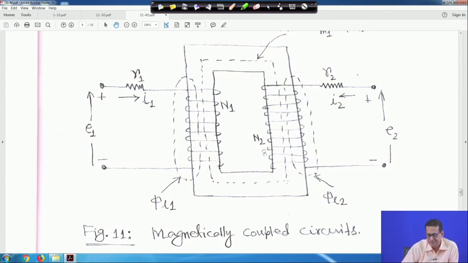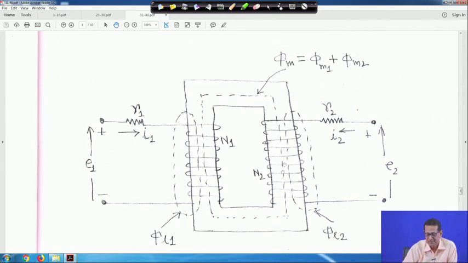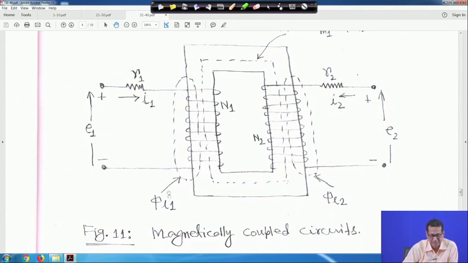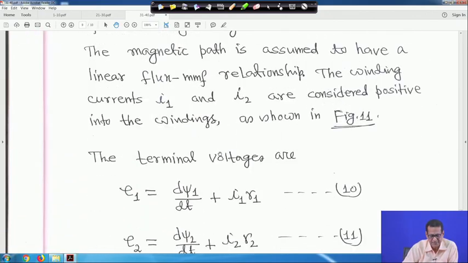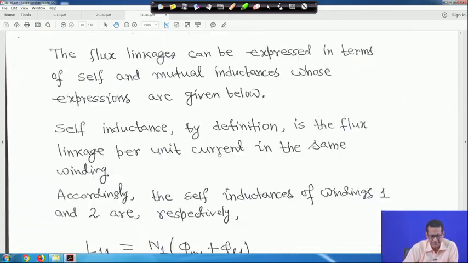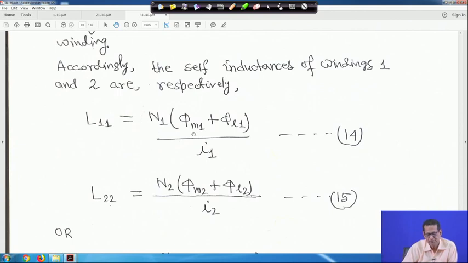Similarly, because of this current I2, the flux linking this coil is phi M2 plus phi L2, and the other thing, the mutual one, is phi M1 linking this coil also. Similarly, phi M2 is linking this coil also, but our interest now is self inductance. So, it will be basically the flux linking this coil, phi L1 plus phi M1. That is why we are writing that self inductance L11 is N1 into phi M1 plus phi L1 divided by I1, right.